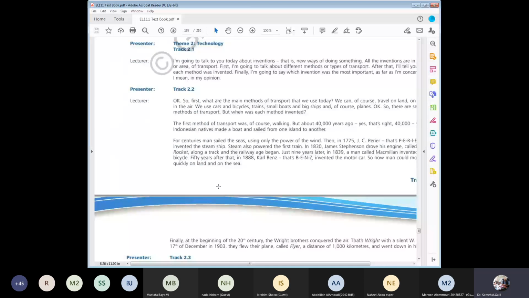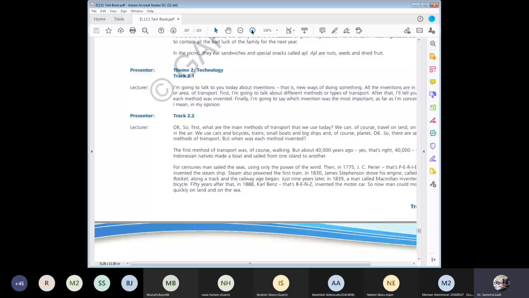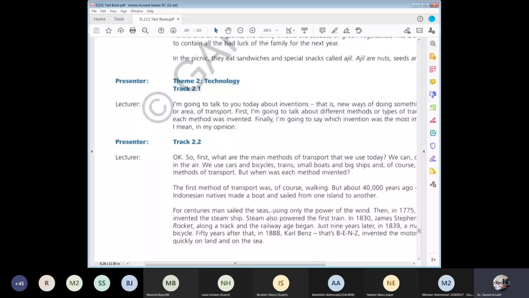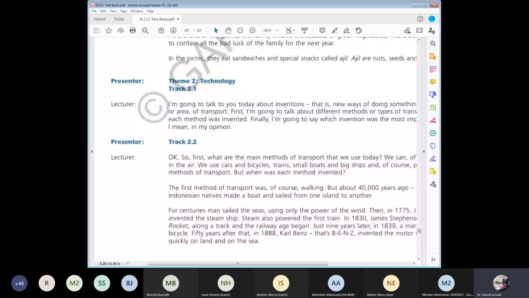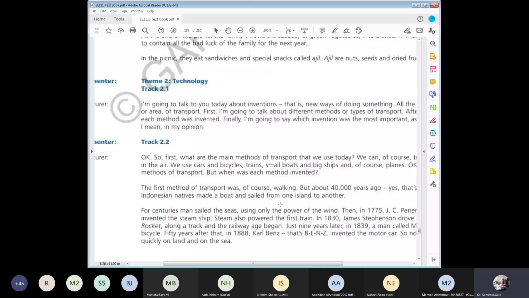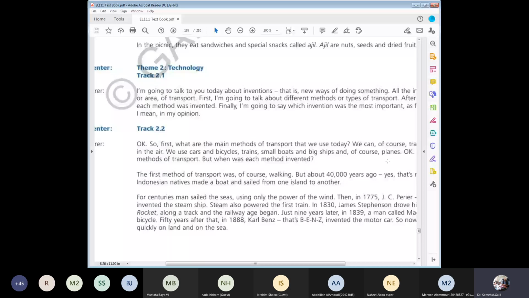Okay, so this is 2.1. I would like you to read it very quickly. Can you see? So you have lecturer. Lecturer is somebody who gives a lecture, right? Now go ahead. I only want you to read the first part.